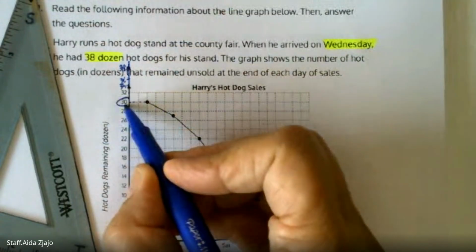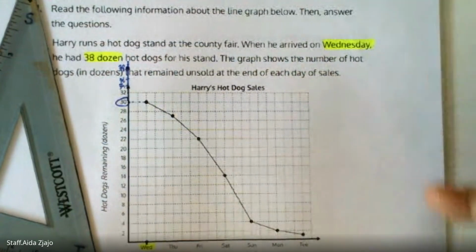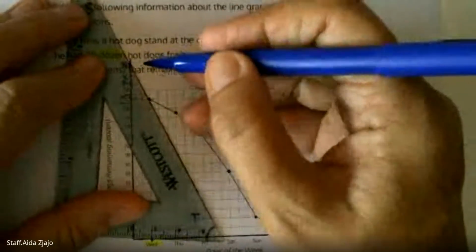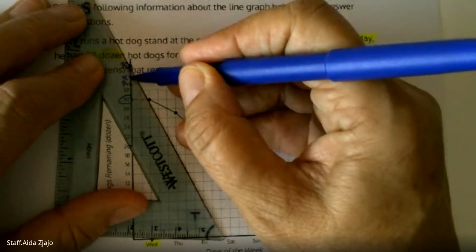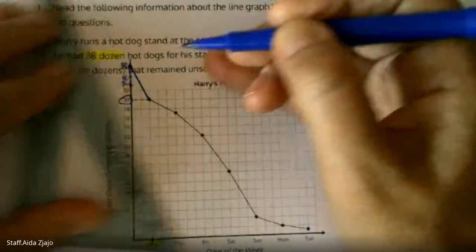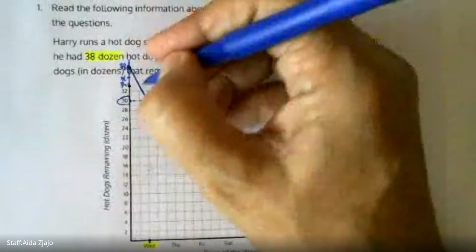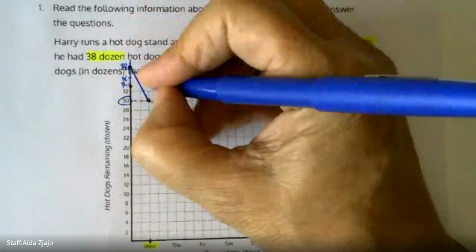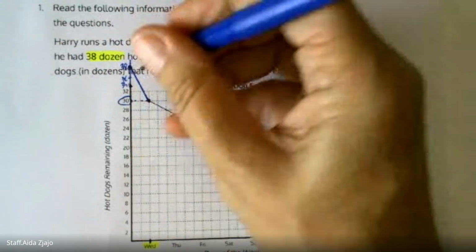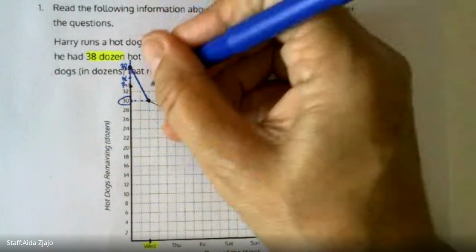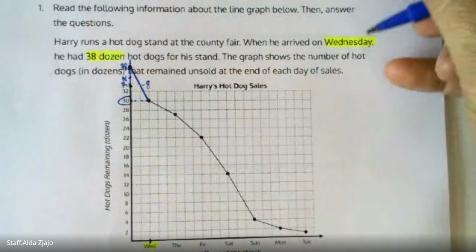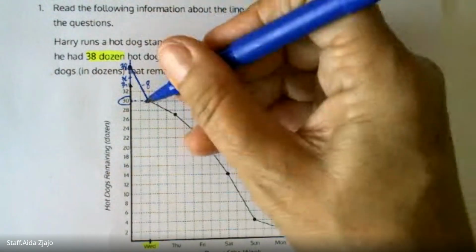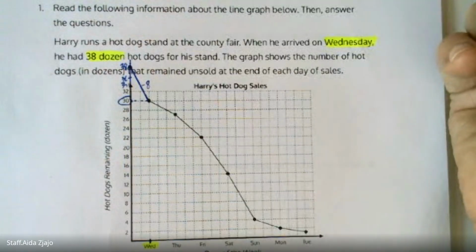So he must have sold 8 dozens of hot dogs. If I drew my line, that's kind of missing one. So he sold 8 dozens. Okay, so now he has 30.